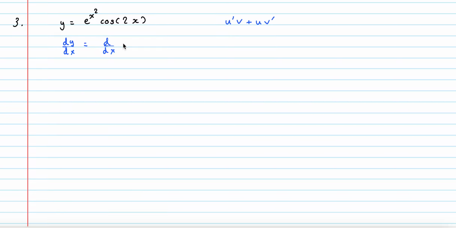So the derivative of e to the x squared multiplied with the cosine of 2x, plus e to the x squared multiplied with the derivative of the cosine of 2x. For this one, let's do separate parts.